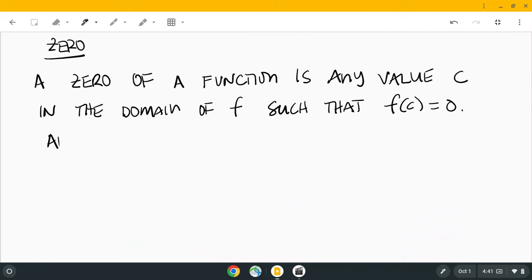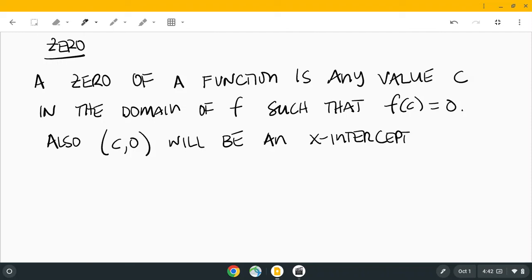Also, a zero will be an x-intercept. If you remember graphing polynomials, when they say find all the zeros, you're solving the polynomial, figuring out when that function equals 0.